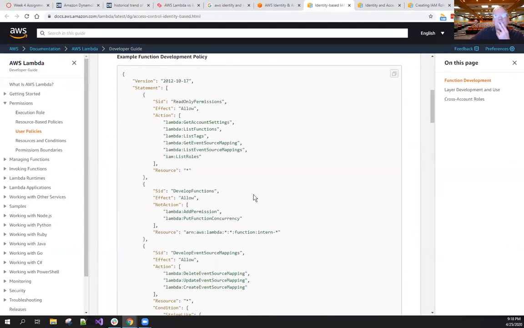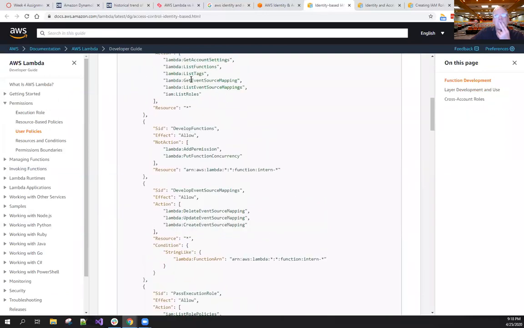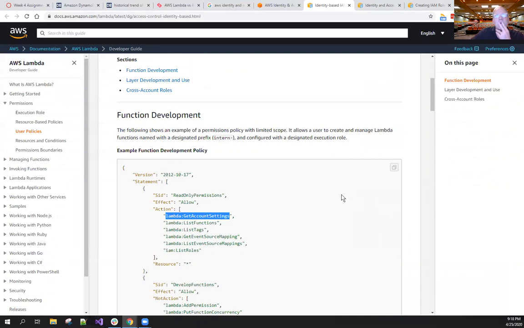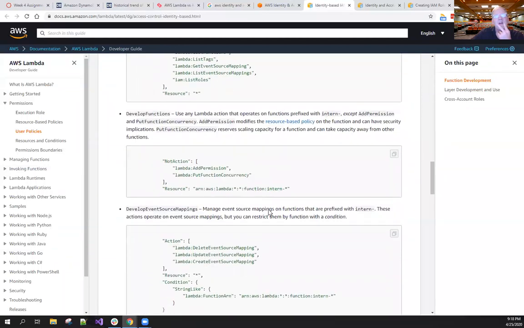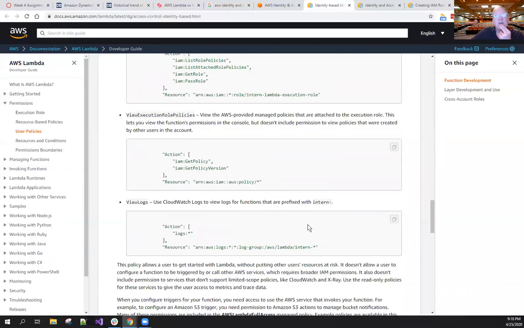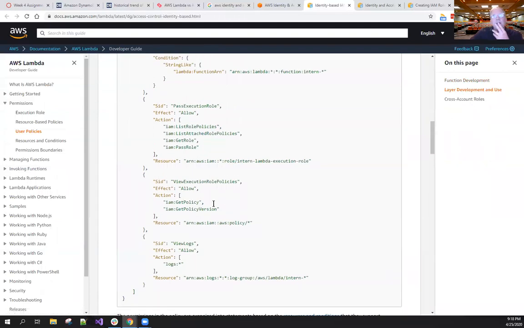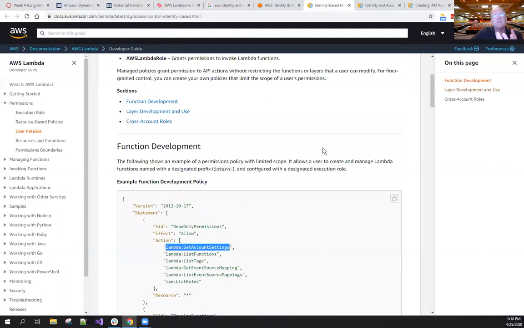Read all information, develop functions, and these are different actions that you're calling into. Person has read-only rights. This is an example of policies that you put in place that are associated. So this is actually how it's encoded. These policies are encoded like this, and this is how you define an ACL.